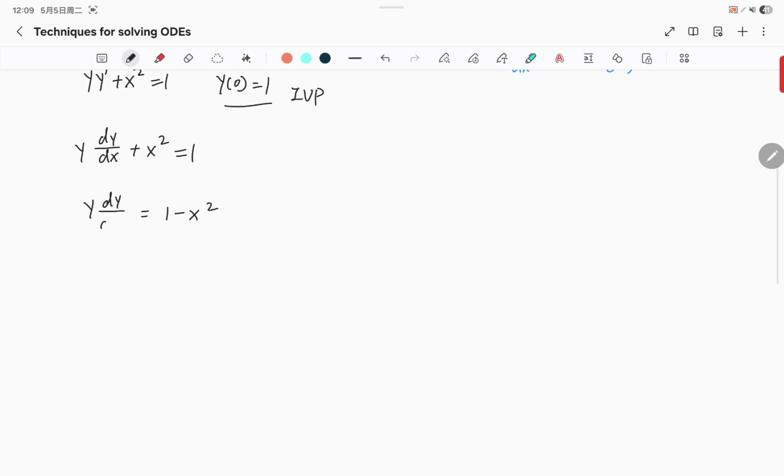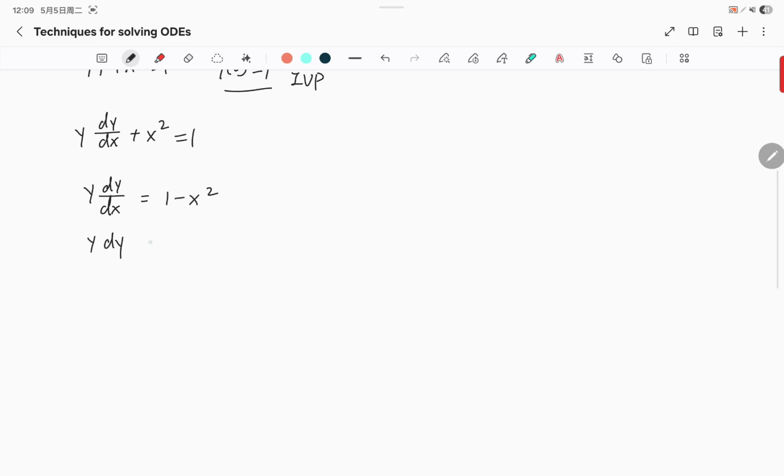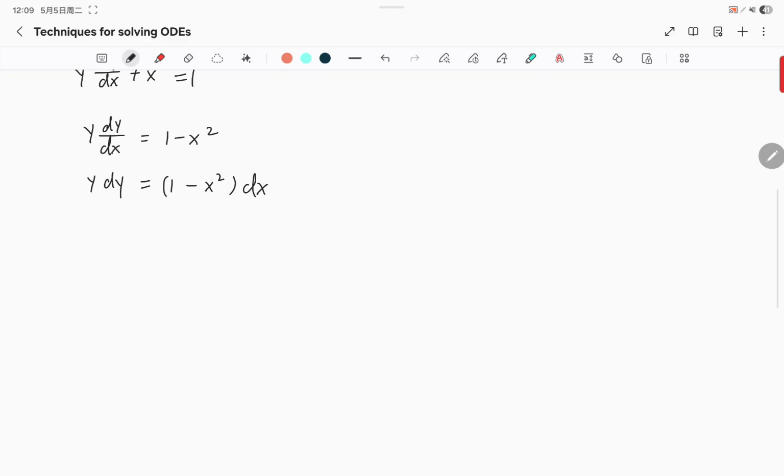And then we have this dx, which we can put to the other side. So we have y dy is equal to 1 minus x squared dx. Now we're going to integrate both sides.